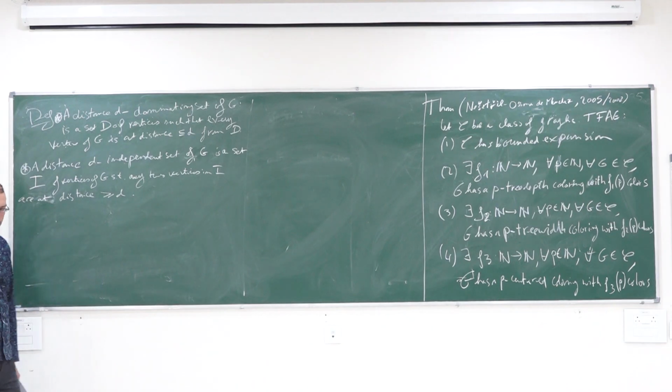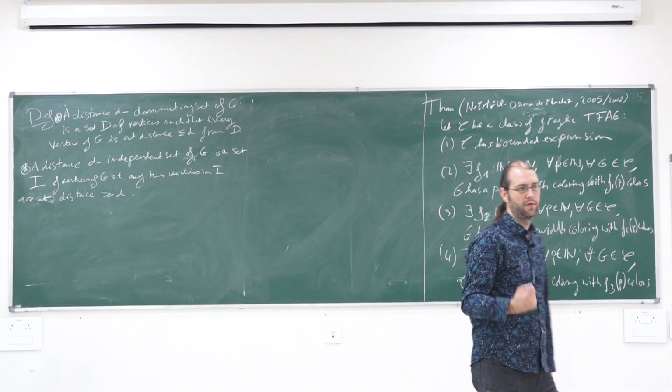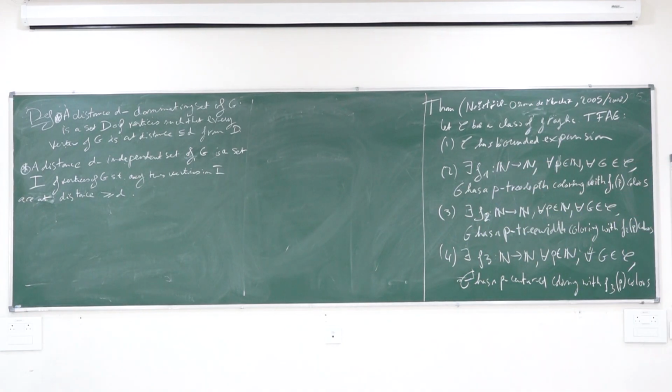So if you think of a normal independent set, it means d equals 2, because everybody has distance at least 2.